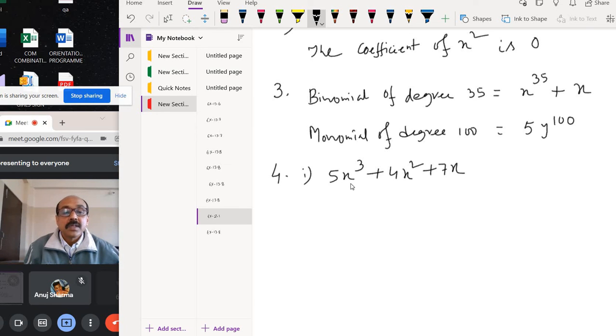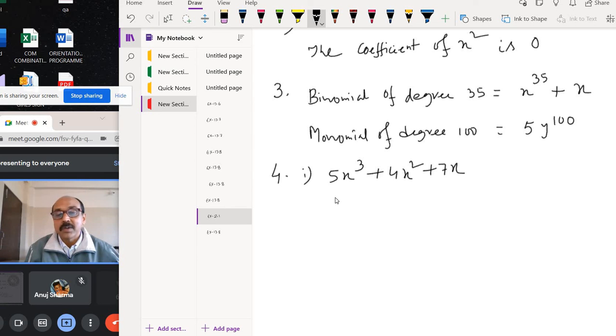So the maximum power is 3, x cube, then x square, then x. So the maximum power or exponent is 3. We know the degree is the maximum power of the polynomial, so the degree is 3.